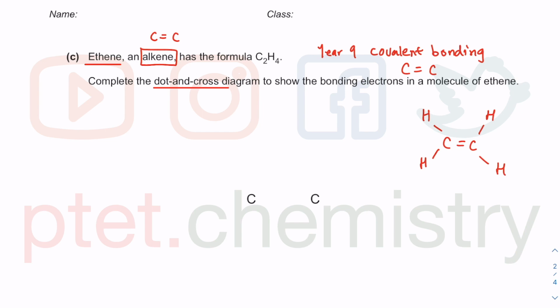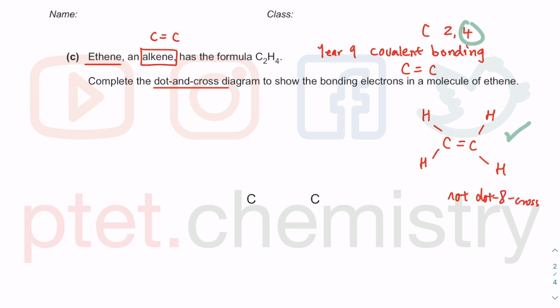So you just want to share 1 electron to complete your first shell. But carbon with 4 electrons in the outer shell, you want to share 4 electrons to complete your outer shell. So carbon forms 1, 2, 3, and 4. And this carbon forms 1, 2, 3, and 4. So this diagram is correct, but this is not dot and cross.